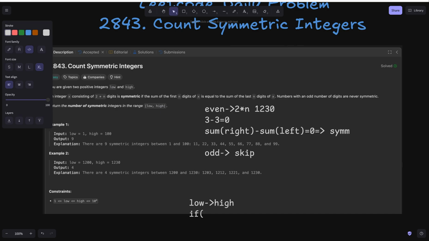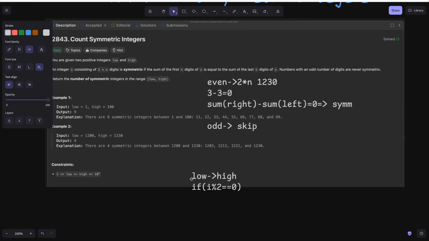If my number, let's say i, has an even number of digits, then we first convert it to a string so that we can easily check it.